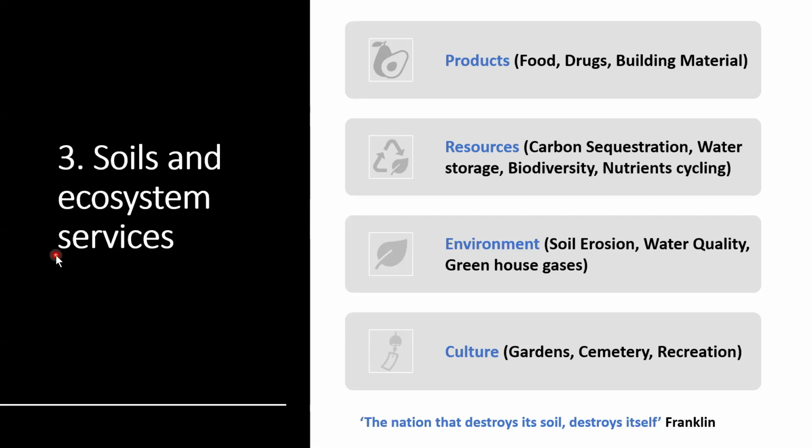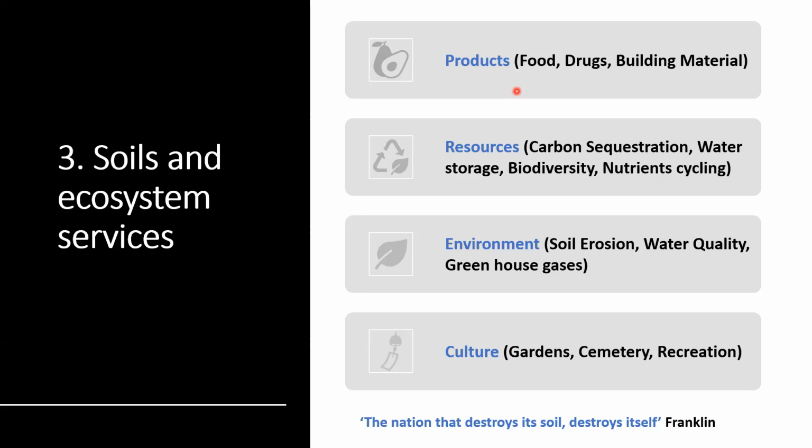Another aspect important for soil research is to understand soil ecosystem services and make the soil more able to perform these functions. In general, there are four categories of ecosystem services of soil. Products: it provides food, drugs, and building materials, so we are using that.